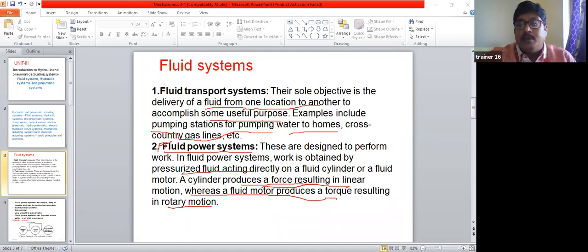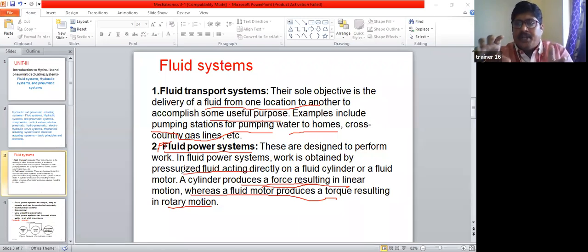For example, in small scale industries or large scale industries, these types of cylinders are used: single acting cylinder or double acting cylinder. For example, some operation is carried out in one particular machine and a product comes out. Then, according to our requirement, we arrange a single acting cylinder or double acting cylinder.